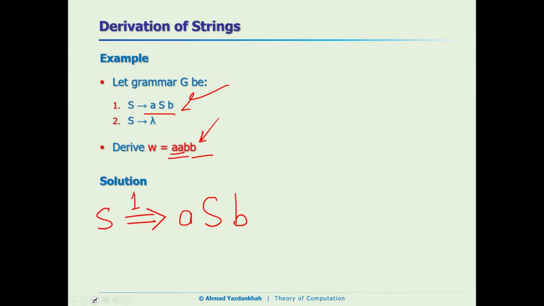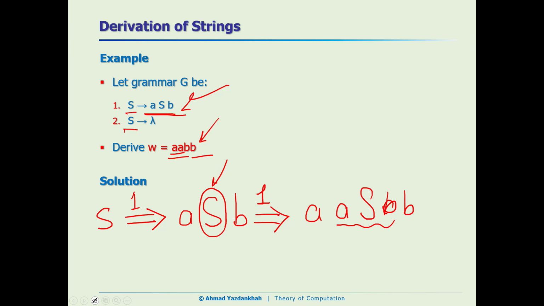So we substitute this S with another ASB. As I said, this is a recursion, and we can use whichever S works for us. So this derives by using production rule 1 again. It will be ASBB.